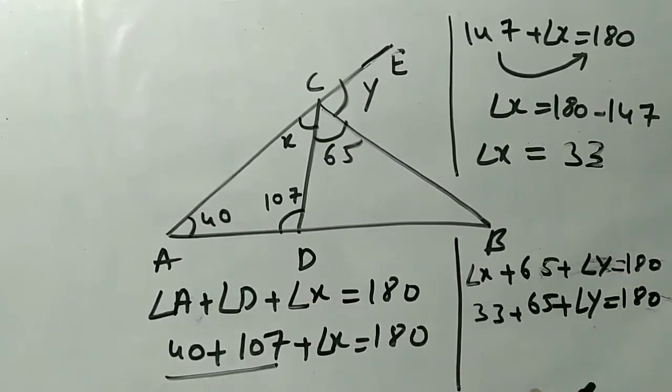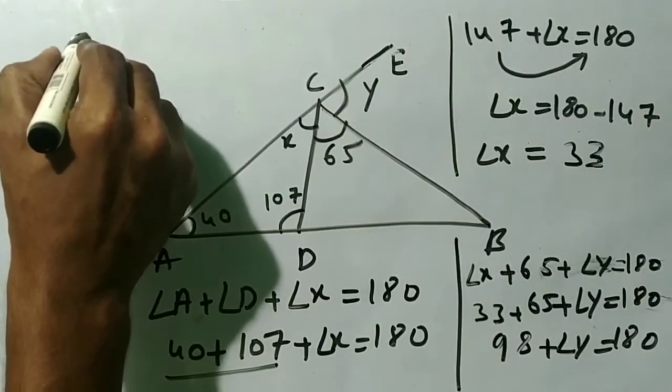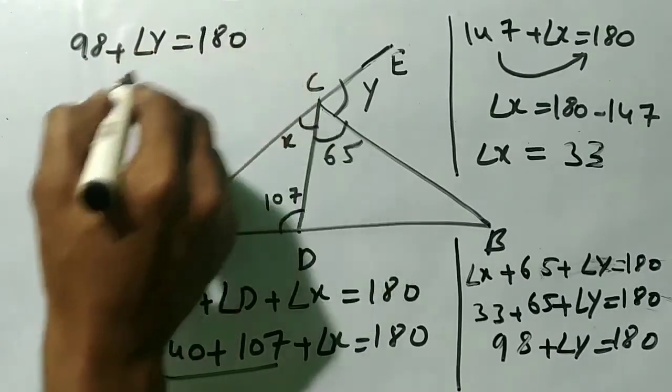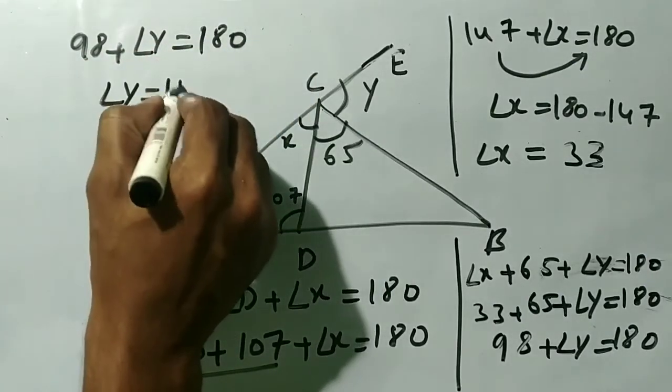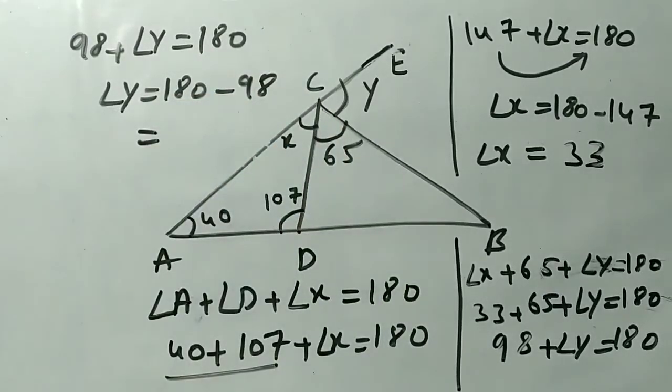So addition of 65 and 33, 3 plus 5 is equal to 8, 3 plus 6 is equal to 9, 98 plus angle y is equal to 180. So angle y is equal to 180 minus 98. We can obtain y. So angle y is equal to 82.